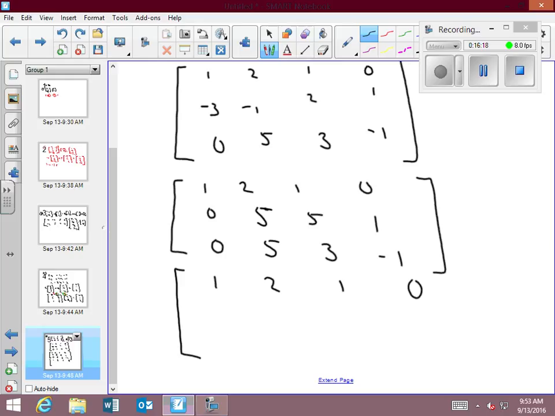You want to subtract row 2 from row 3 and then do our division. That's a -2. That's a -2.